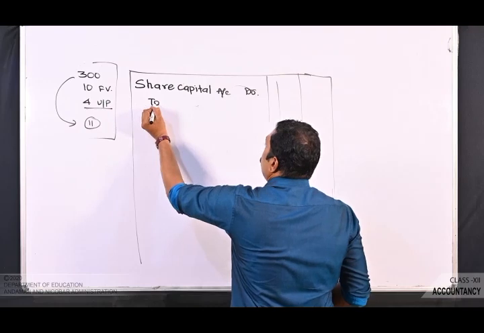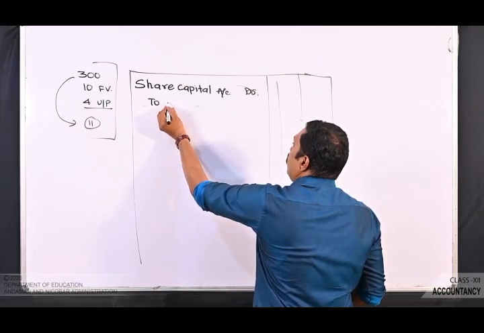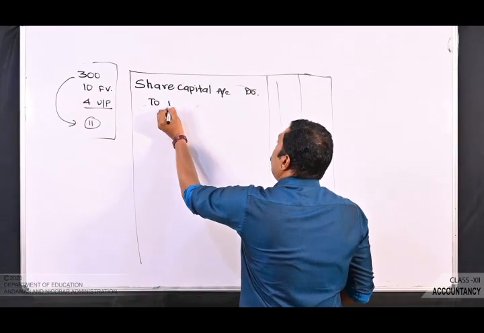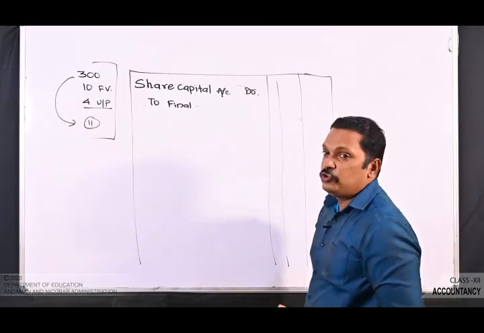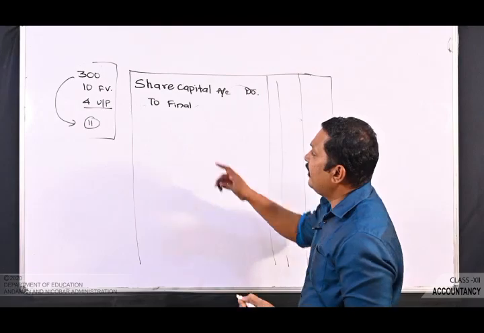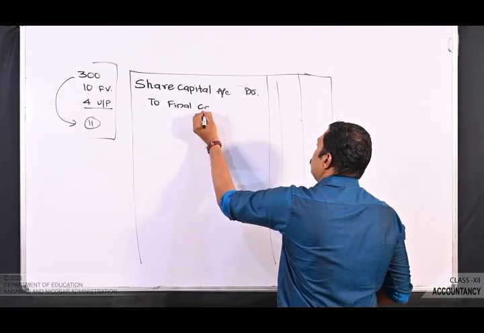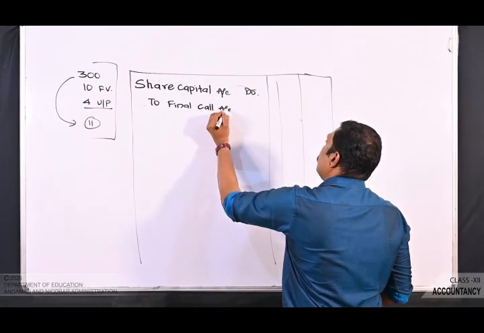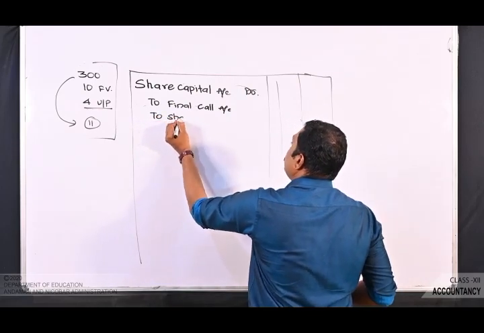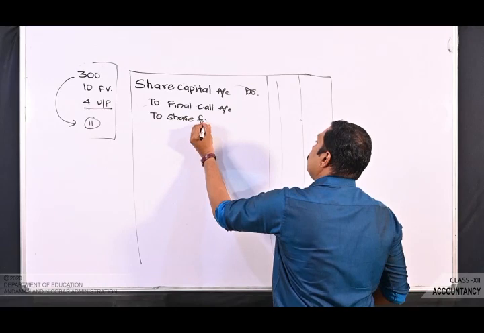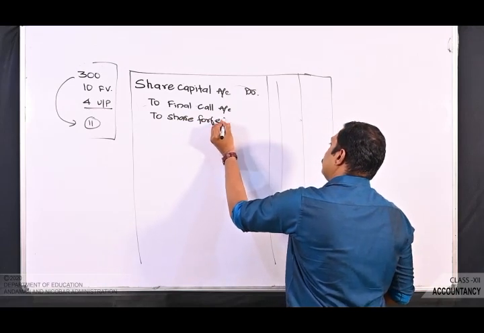So we have to write calls in arrear or unpaid calls, final call. We can write any. If calls in arrear account is not maintained, then we can write directly to final call account. To share forfeiture.